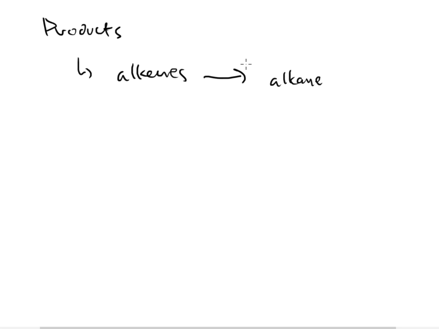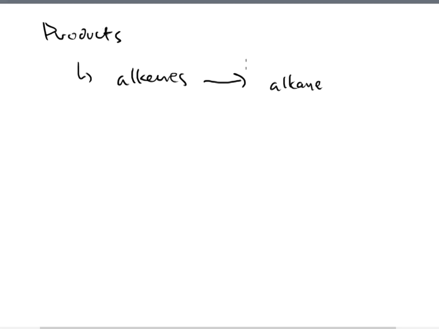The other types of products, though, are all of the functional groups that we've talked about so far. So we can talk about making alkyl halides. These are the things with the chlorines and the bromines, the iodines, all of those on it. We learned how to name them. Now we're going to learn how to make them.